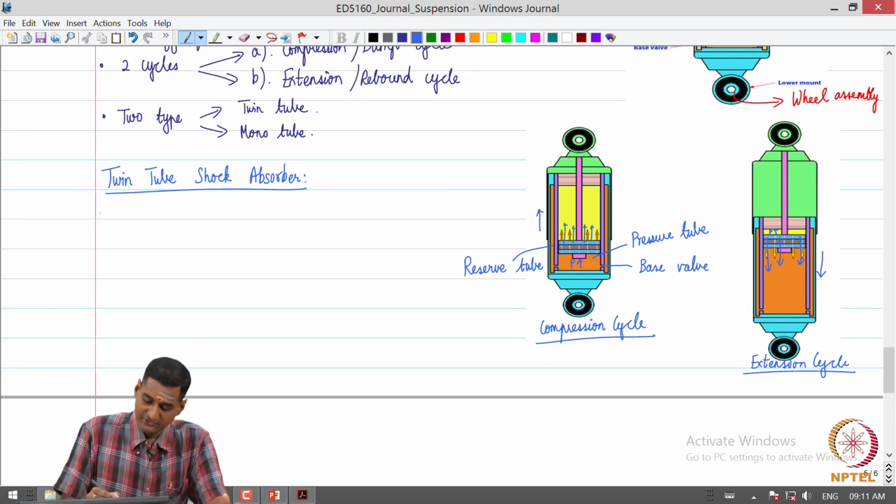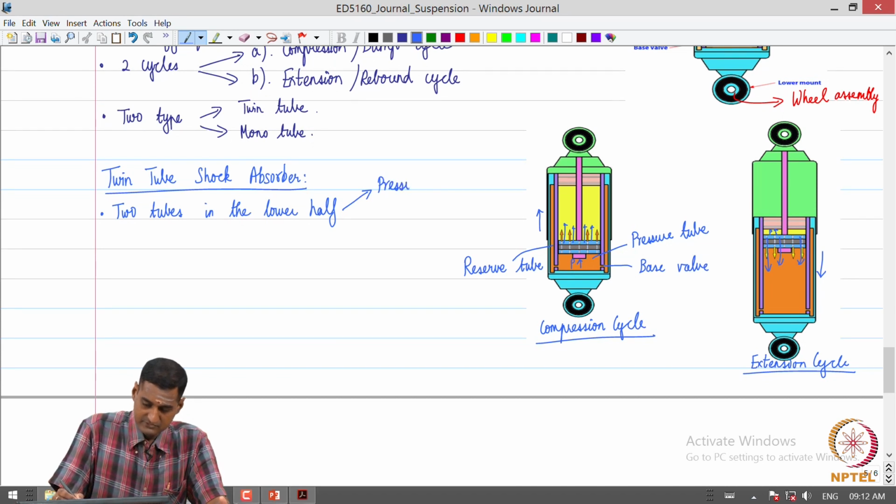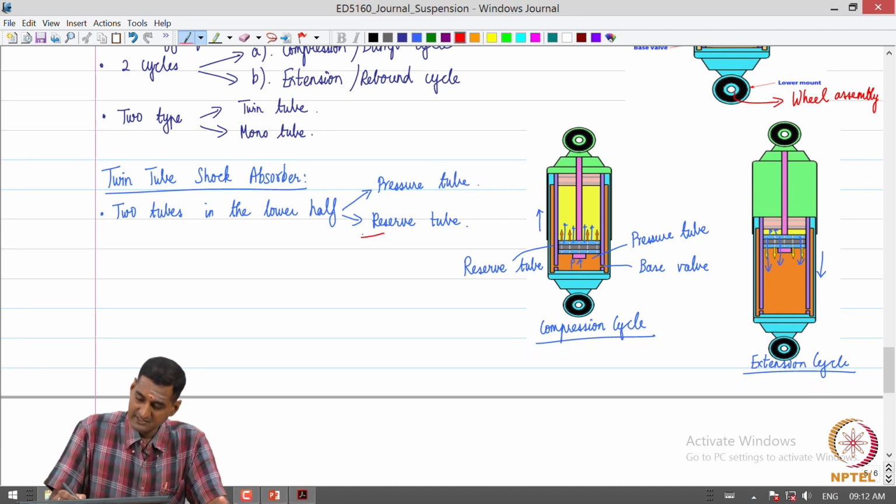A few quick points: we can immediately see that there are two tubes in the lower half, the pressure tube or cylinder and the reserve tube. The primary function of the reserve tube is that it acts as a reservoir for excess fluid.